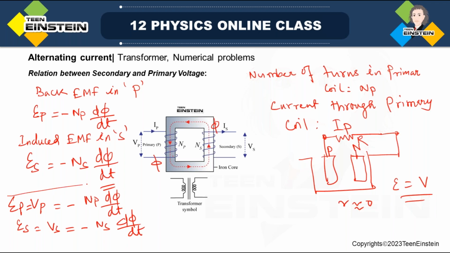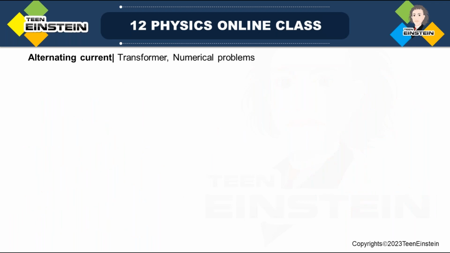Okay, so these are two equations. We'll just go to the next page and write them out here. VP is equal to minus NP d phi by dt, and VS is equal to NS d phi by dt.